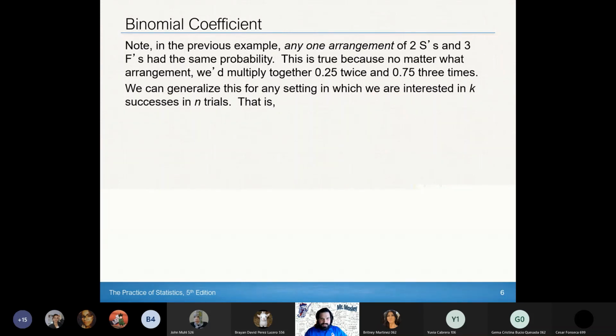That is, the probability of x equaling k is equal to the probability of exactly k successes in n trials, which equals the number of arrangements times the probability of success to the k power times the probability of failure to the n minus k power. Essentially, k is the number of successes, and n minus k is the number of failures. So it's success to the power of the number of successes, failures to the power of the number of failures.